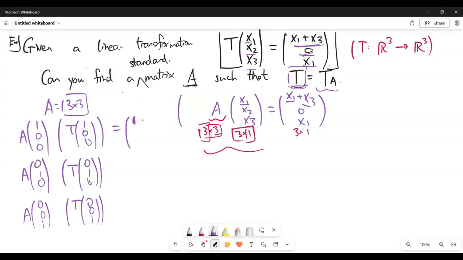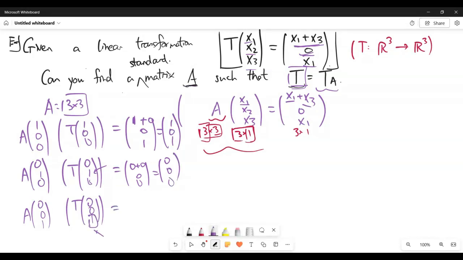So x1 is 1, x3 is 0, this is always 0, so you get a vector like this. For the second one, x2 is 1 and the other spots are 0, so you get a vector like this. And the last one, x1 is 0, x2 is 0, only x3 is 1, so you get something like this.